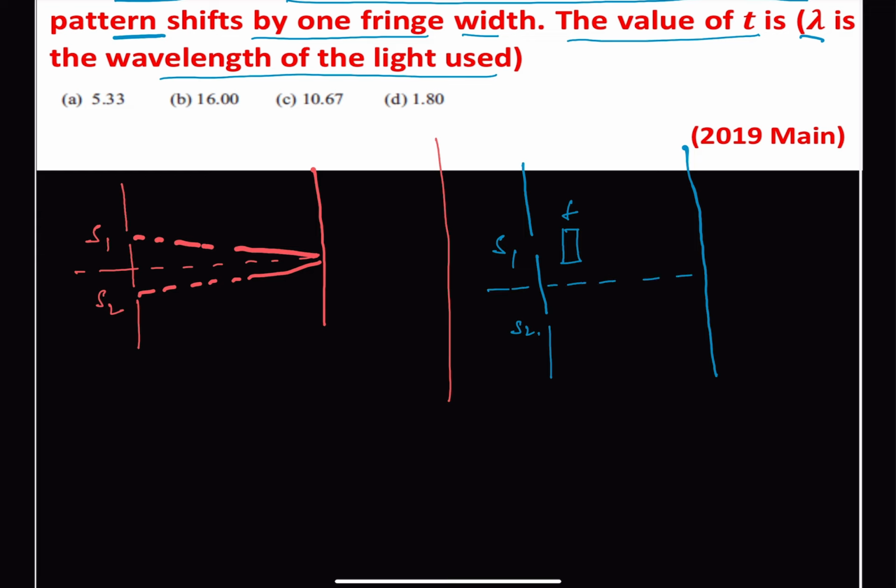Let us suppose it is shifted in upward direction and they meet somewhere here. Now this is once again our central bright fringe. So we have to remember that this position is the central bright fringe, and here also this is also the central bright fringe.